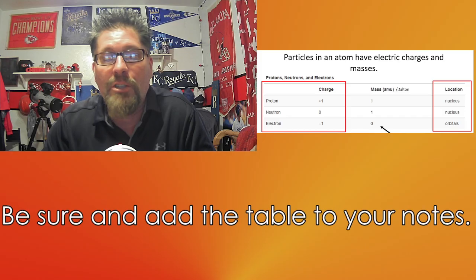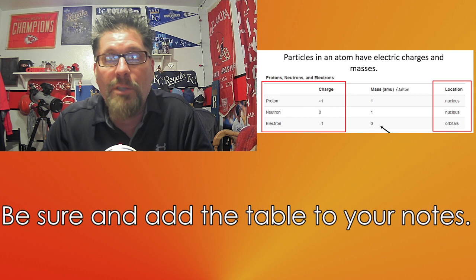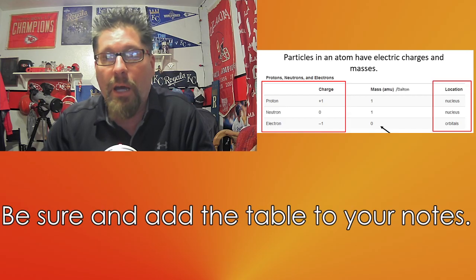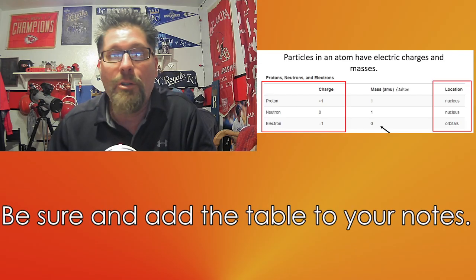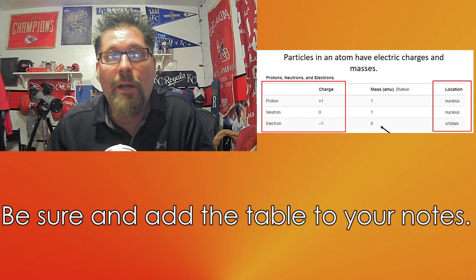It's opposites attract, just like magnets with north and south. Those will attach to each other and hold strong. Electrons negative, protons positive, and that's what allows the bonds to occur. Neutrons, as you might expect, neutron, neutral, have zero charge. They just sit in there. They kind of help balance everything out to some degree. But anyway, that is the information from this table. Be sure you grab that and add that to your notes.